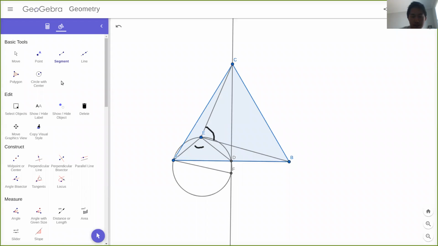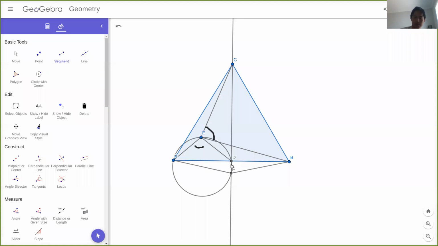And now how do we do that? One thing we might notice is that because this triangle is isosceles, angle AFC is equal to angle CFB, this angle. So this angle right here.